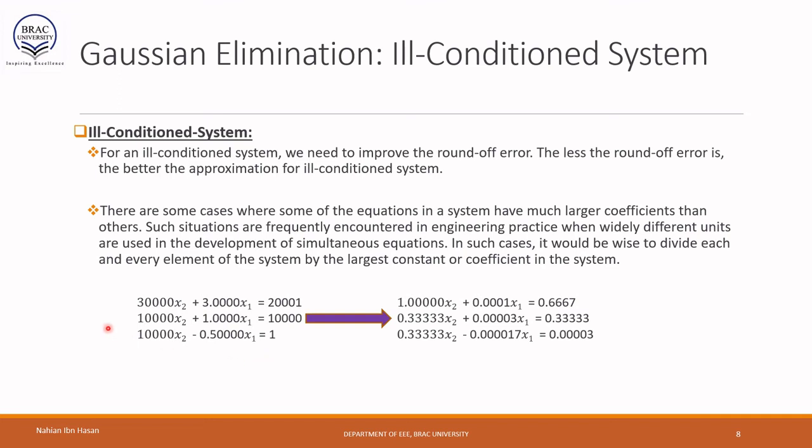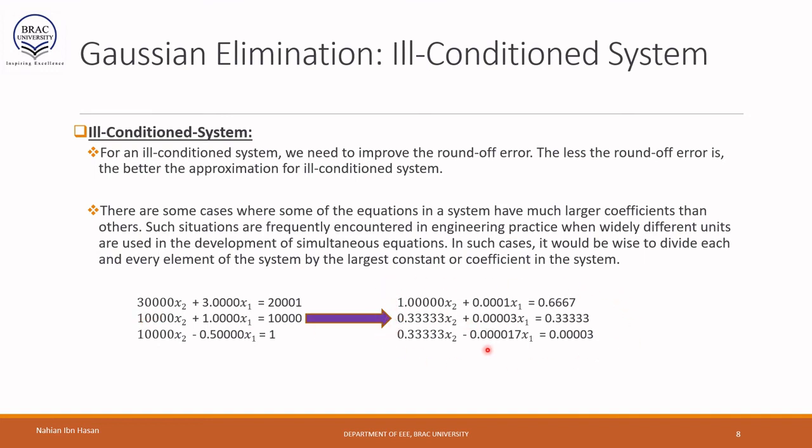So what we do in such cases is divide all the coefficients and constant terms by the largest element of the matrix. In this case, in the whole system, the largest number is 30,000. So we divide all the coefficients and constants by this value, 30,000, and as a result the system looks like this.